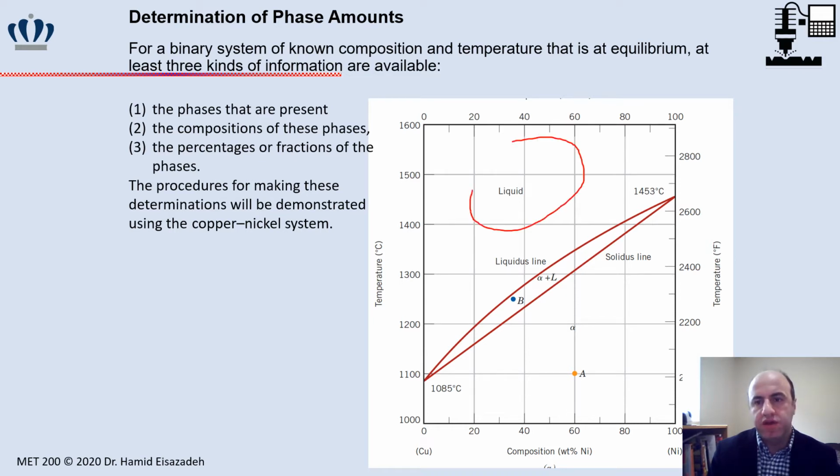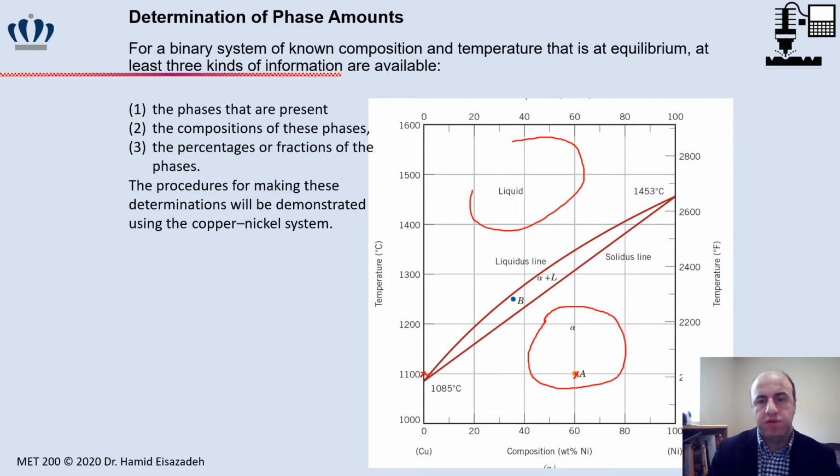This is one phase, and also here we have one solid phase. So if you want to find out the composition for any point, for example point A, it's going to be trivial, it's easy. You just need to locate the temperature.